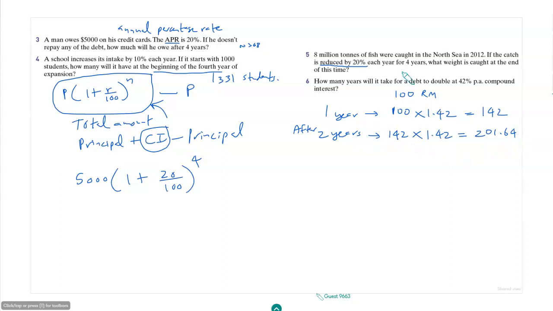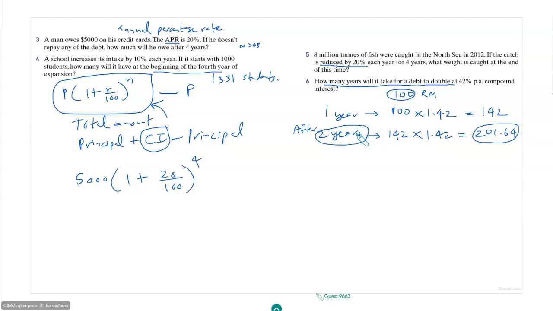So what do you see? You started with 100 and after 2 years it's now 200 and something, right? So your debt has doubled, right? Yes. So how many years will it take for a debt to double? 2 years.